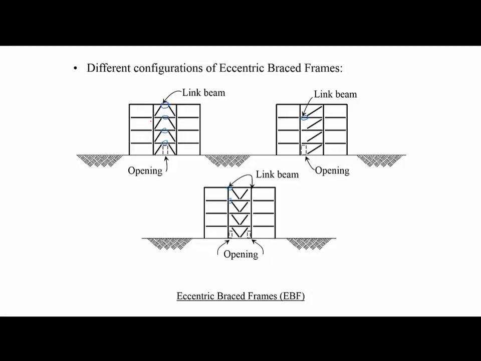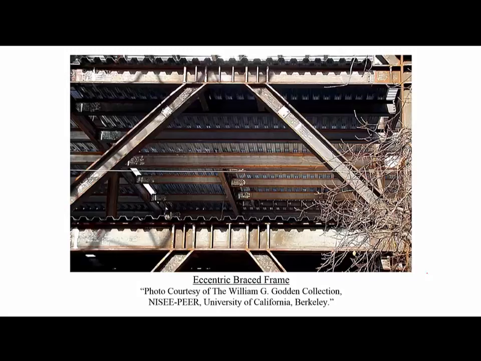Then under seismic load especially, we don't have as much damage. And you can see here, because of the configuration of the braces, it is possible to put a larger opening than if the same bracing was concentric.